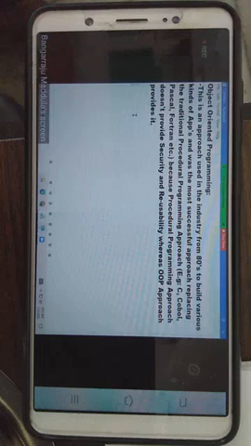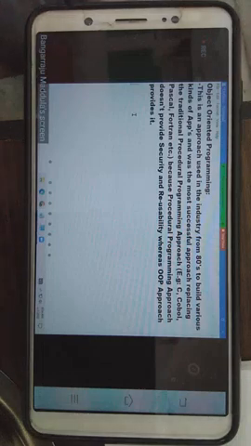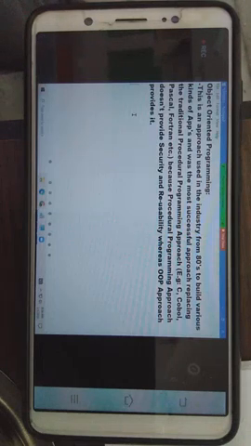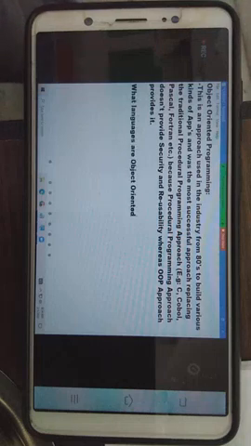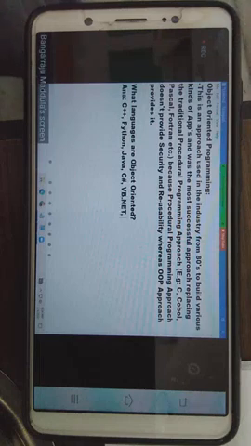Very popular and well-known languages are C++, Python, Java, C#, all our .NET languages, VB.NET, F#. All these are object-oriented languages.